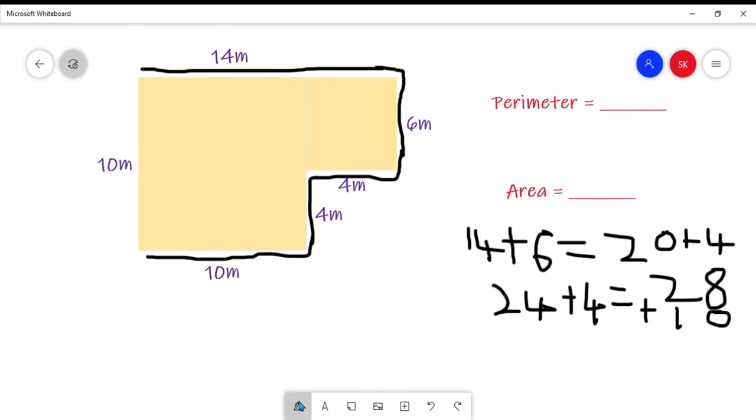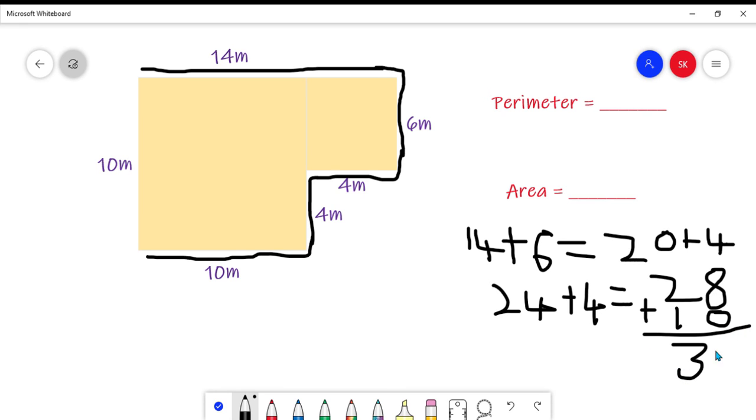Might need a bit more space for this. So 38. Then we add another 10 again. Whoops, it's a bit of a wonky line. There. 10 meters again. 38, add another 10 would give us 48.